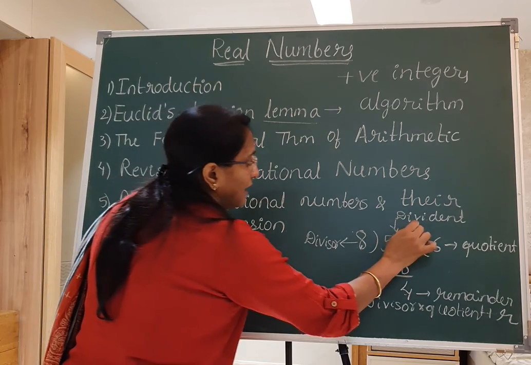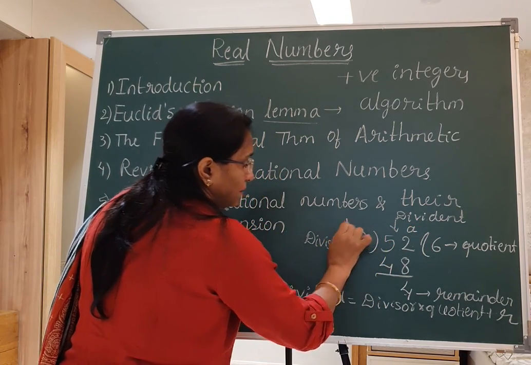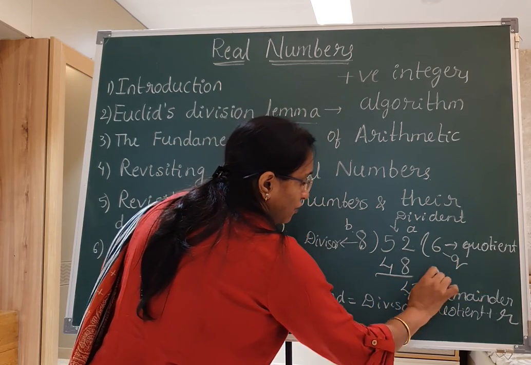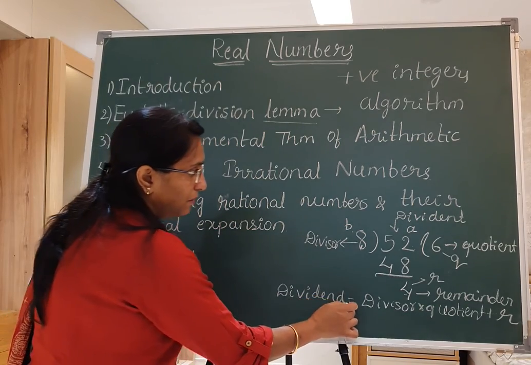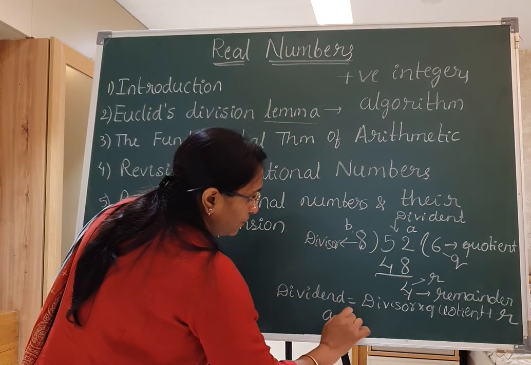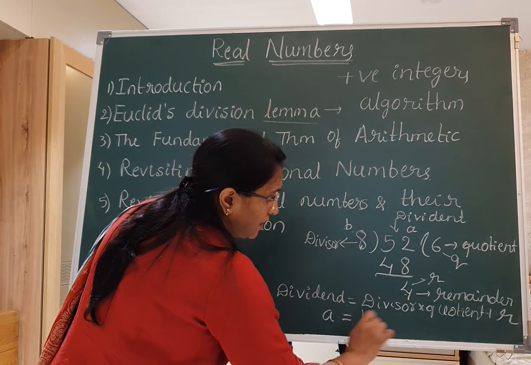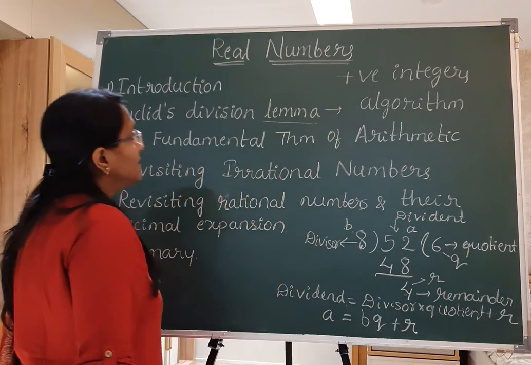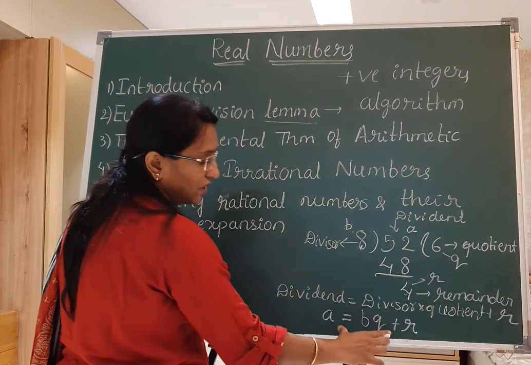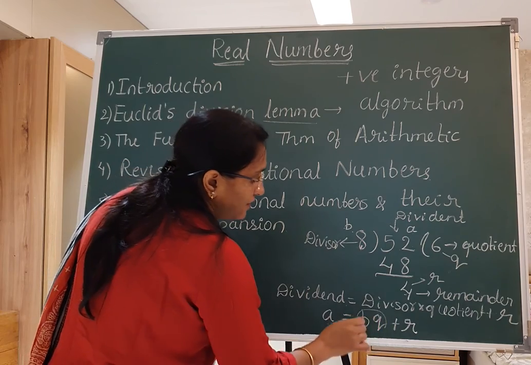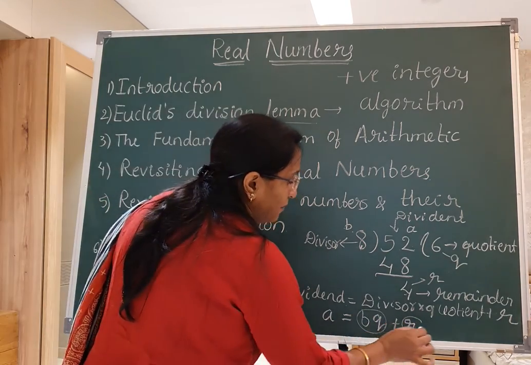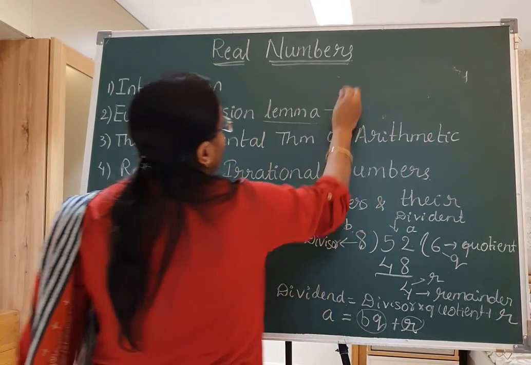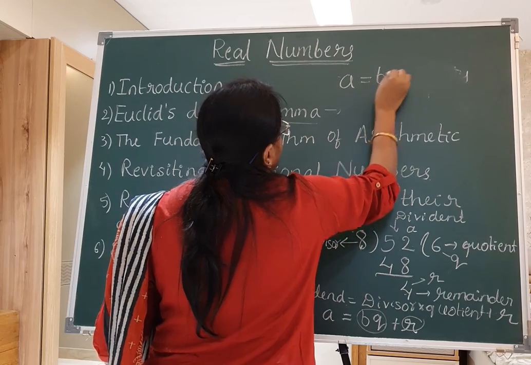Suppose the dividend is A, the divisor is B, the quotient is denoted by Q and the remainder by R. Then this relation becomes A is equal to BQ plus R. This is nothing but Euclid's division lemma.